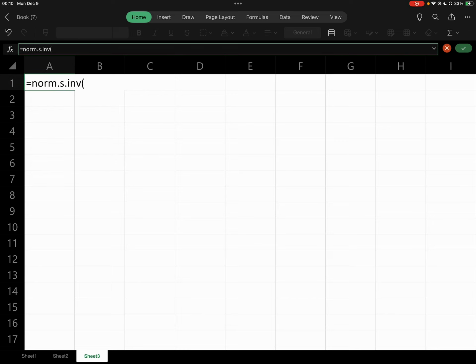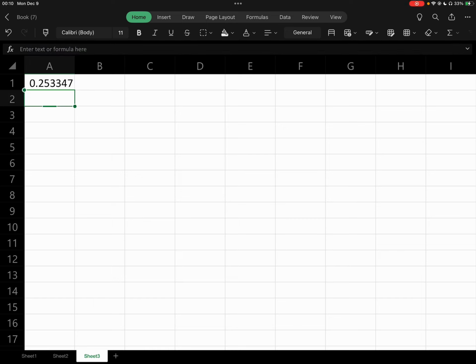Norm.s.inv 0.6. We don't have to do true because if you're doing this, then you've got a shaded region. And we hit enter, and that is the z-score, 0.253.